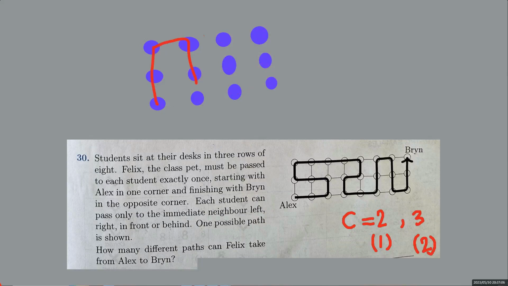Can I go like this? Nope. So can we go 3 up? Not really. 1 up. That's another one. That's 2. And let's continue.